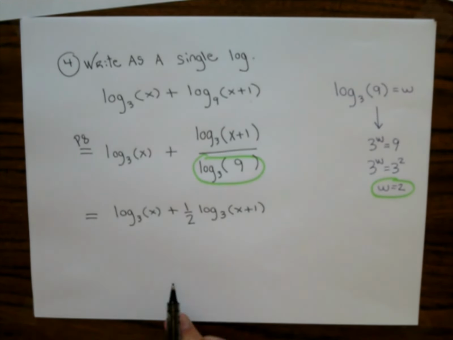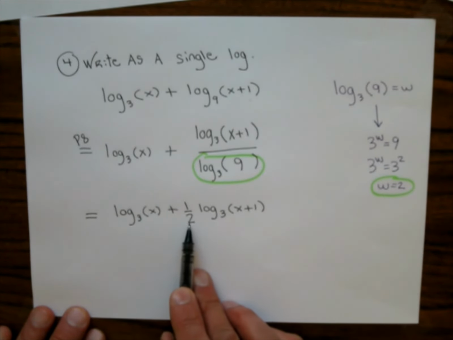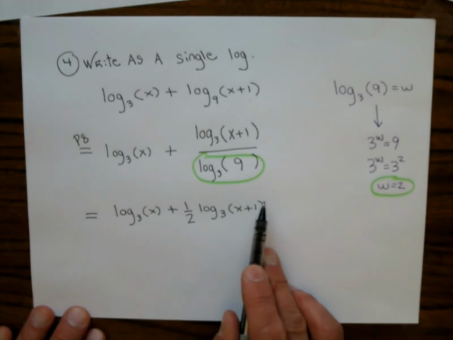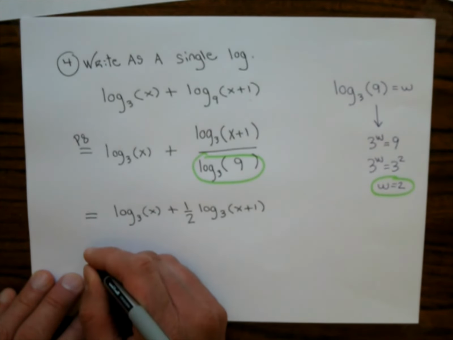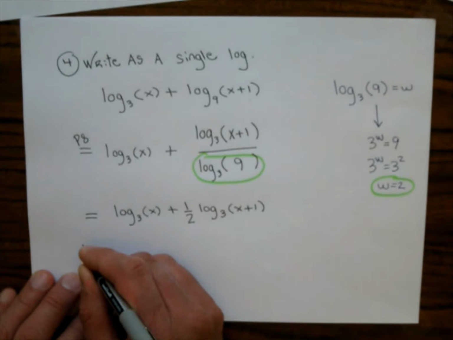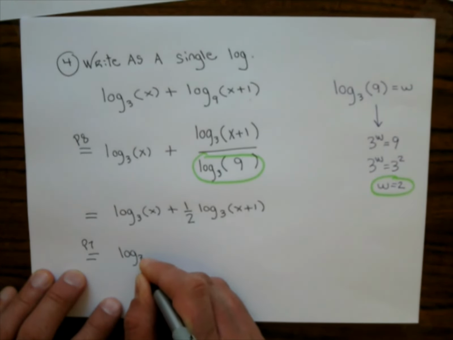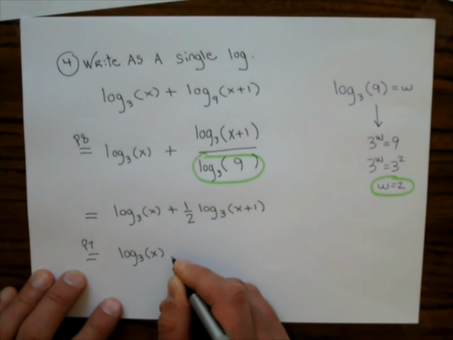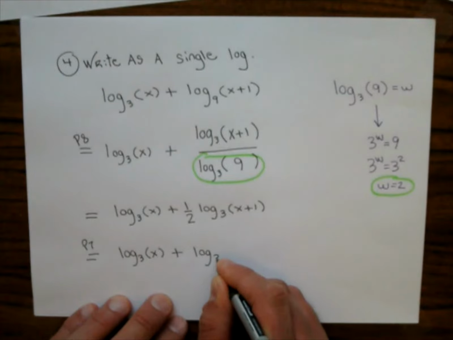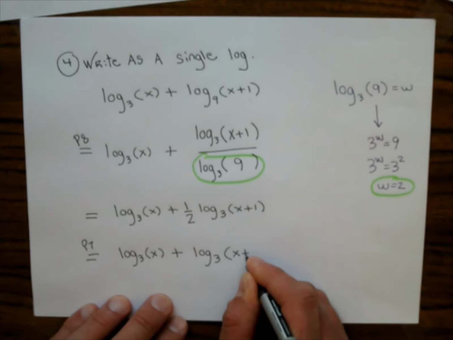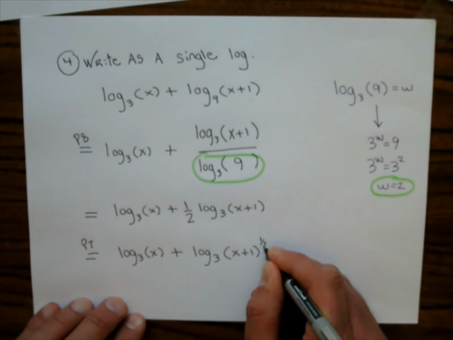Okay. Now, can I do the product rule? And the answer is no, because of this 1/2. But we're going to make this 1/2 jump and become the power using the power rule. That's property 7. So log base 3 of x plus log base 3 of (x plus 1) to the 1/2 power.